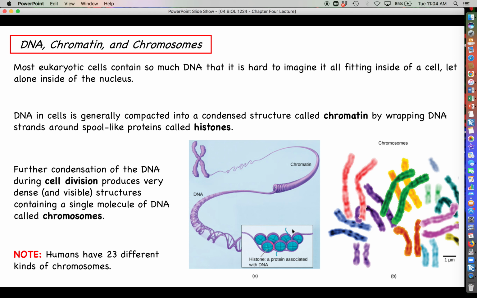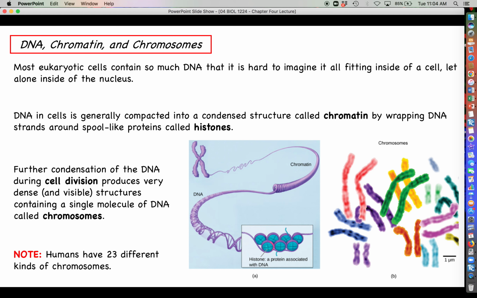You can actually see this process down here. A single DNA molecule that is just left to its own devices is not going to have much density to it, but it's going to take up a lot of volume. So if we wrap it around these little spools, like taking thread and wrapping it around a spool, we can fit a lot of thread, a lot of DNA, in a very small volume.